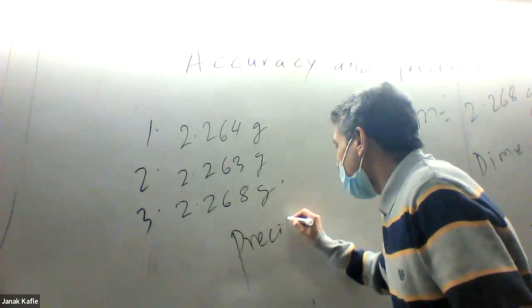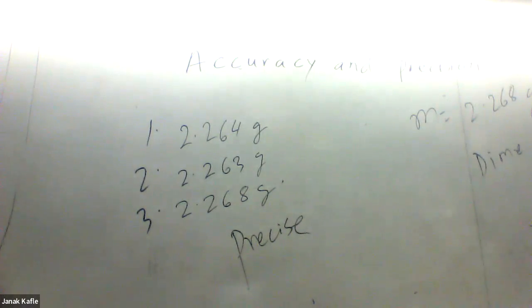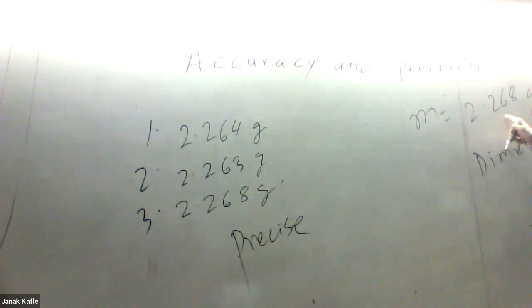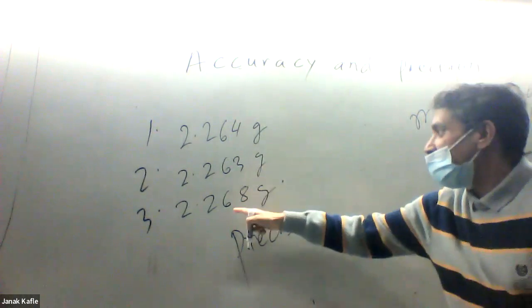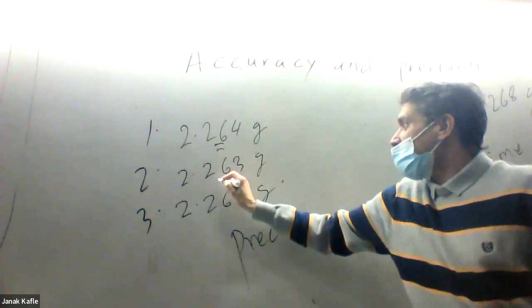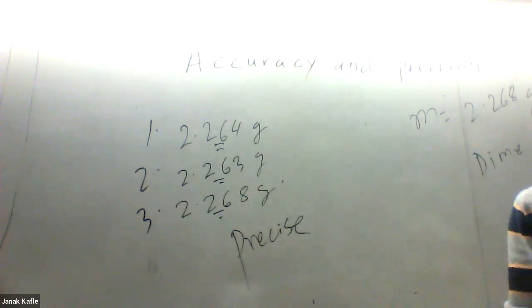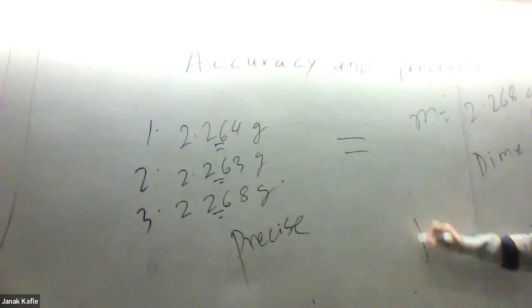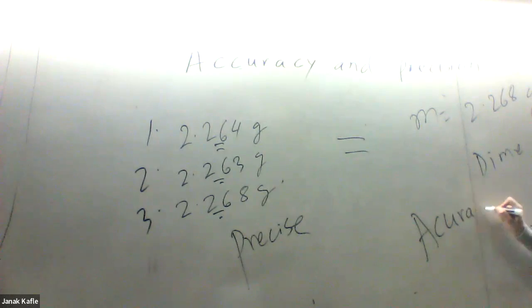Now, are my numbers equal to the standard value reported by the government? Look here: 2.263, 2.268, 2.264, all 2.26, very close, right? So we are very accurate.